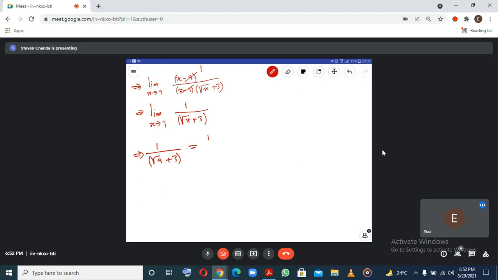The square root of 9 is 3, so that is 3 plus 3, and your answer is 1 over 6.